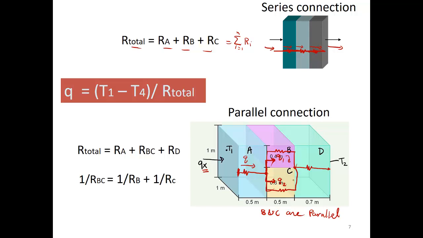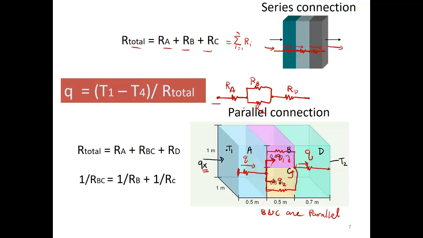Q1 will add with Q2, then it's going to give you Q. So now you have two thermal resistances here, and then you have the third one, that's for RD, this is RB, RC, and RA, the resistance for material A.